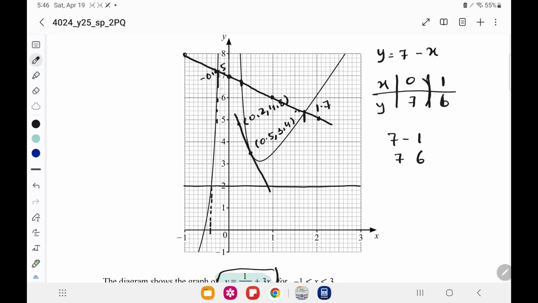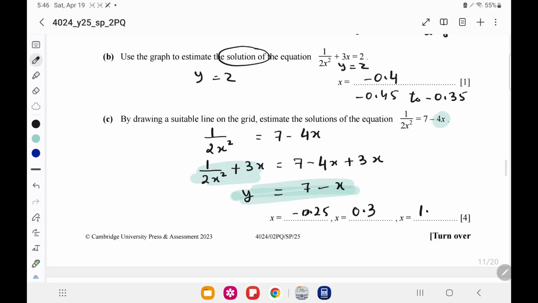So this is minus 0.25, 0.3 and 1.7. The range in the marking scheme is given as minus 0.3 to minus 0.2. So it's coming in the range. The second one is 0.2 to 0.4. This is also in the range. And 1.6 to 1.8. So that's the complete answer.